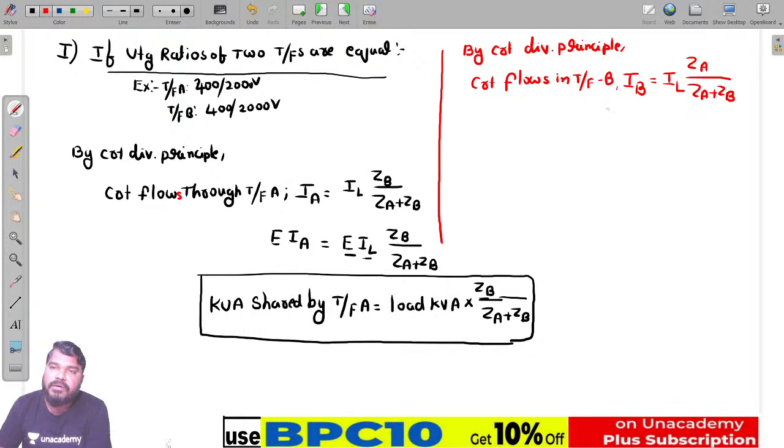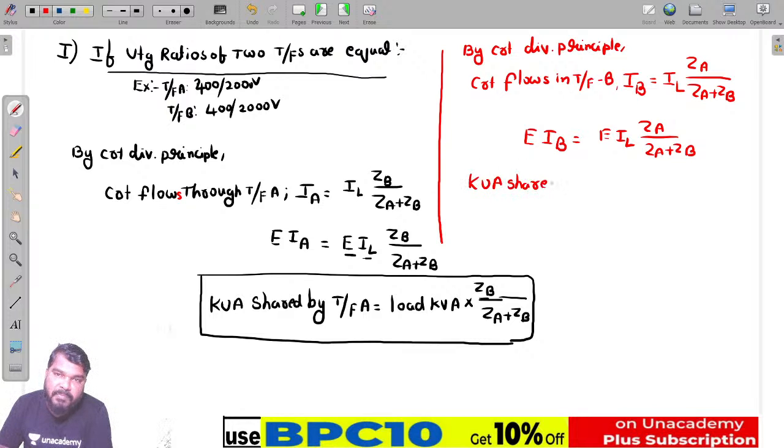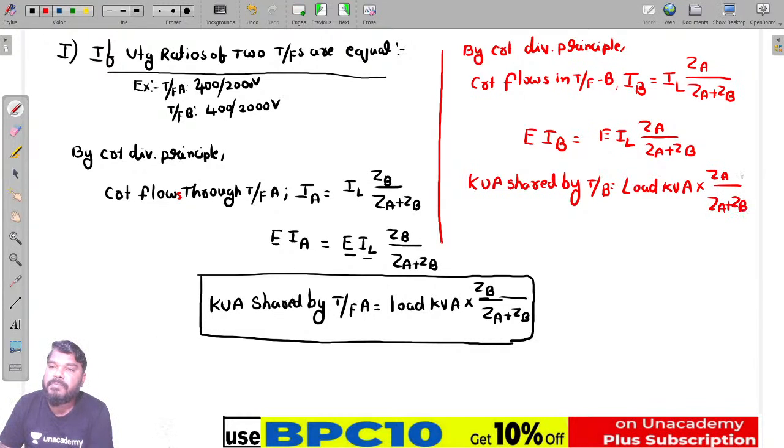Now multiply both sides by E. E multiplied by IB is equal to E multiplied by IL times ZA by ZA plus ZB. Simplifying, the kVA shared by transformer B is equal to the load kVA times ZA divided by ZA plus ZB.